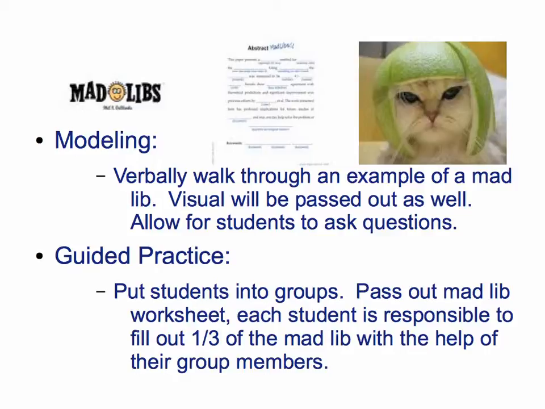Guided practice. This section worked really well, considering that some students just don't work with others, depending on their moods and how they're feeling that particular day. The students did enjoy working together for the most part, because they don't get to work together in that sense.